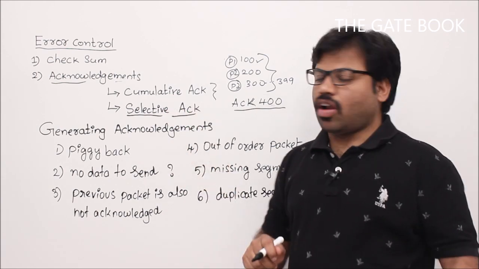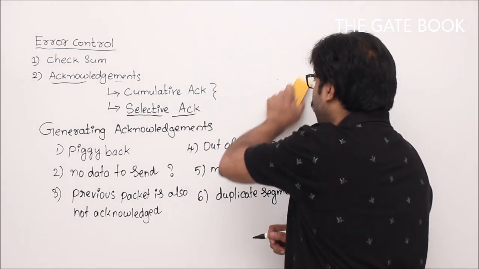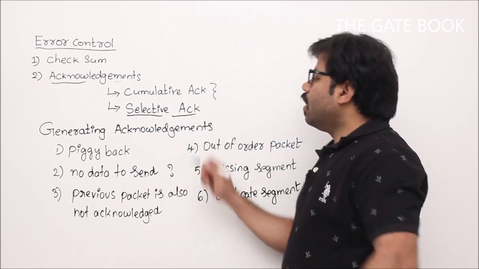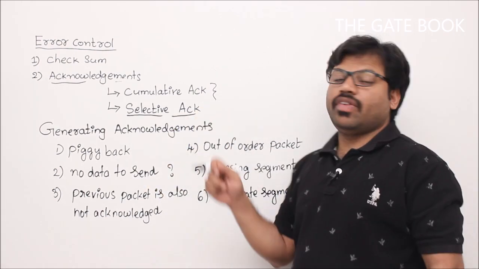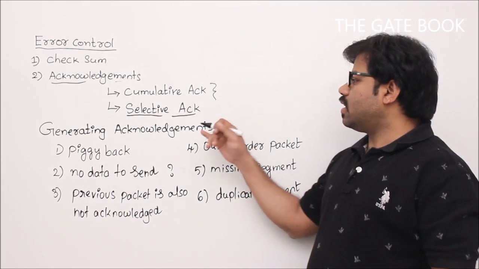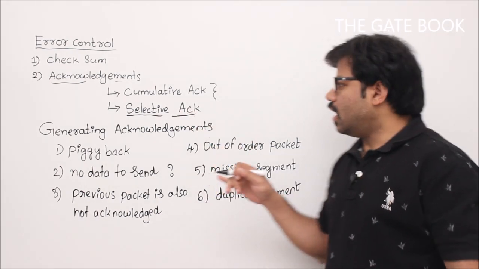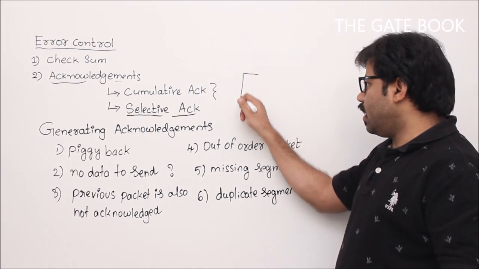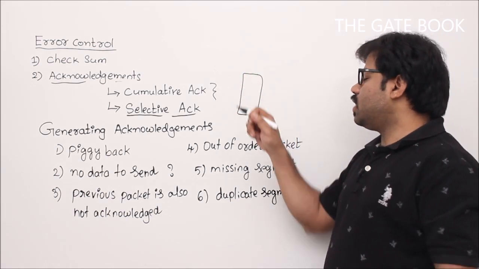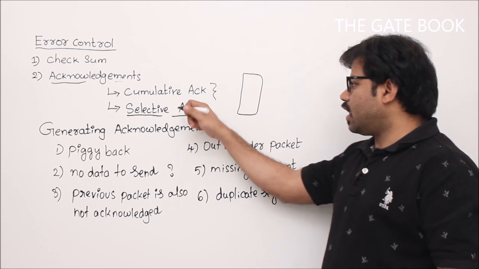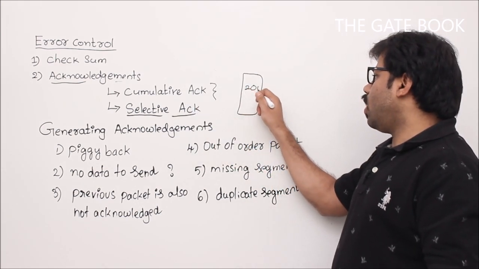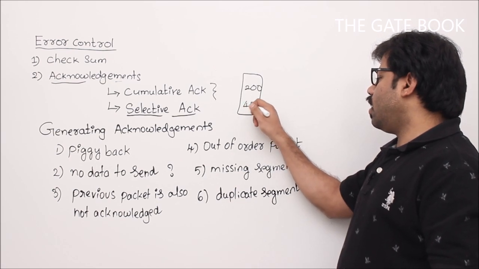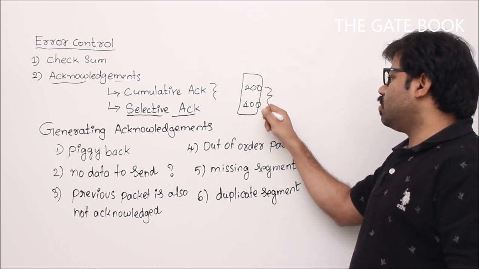Second one, selective acknowledgement. Generally it is very rare, not popular, but people are nowadays implementing this selective ACK. What is that selective ACK? Example, let's say selective ACKs are allowed. That selective ACK is going to represent which bytes are missing. Using selective ACK I can mention that, my dear sender, the 200th byte to 400th byte are missing.